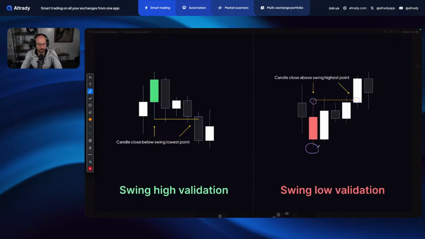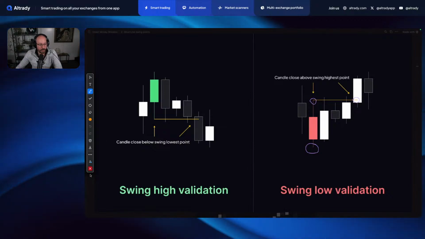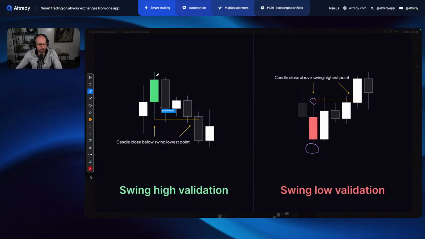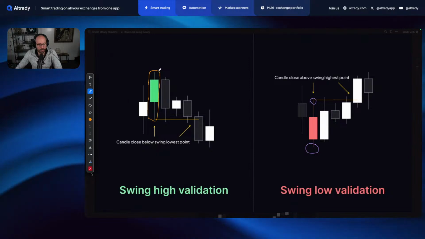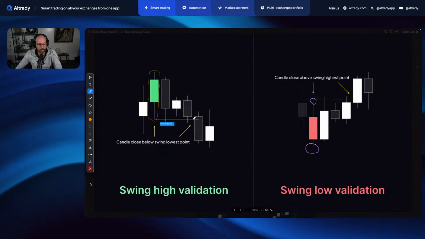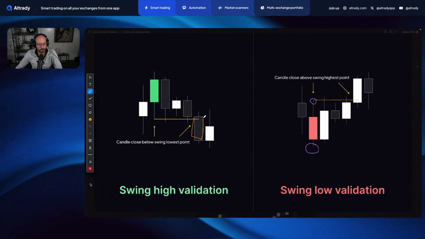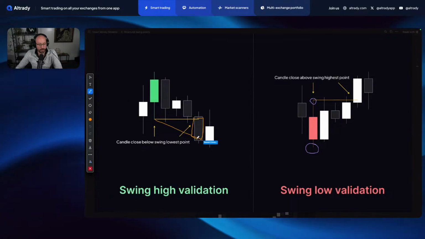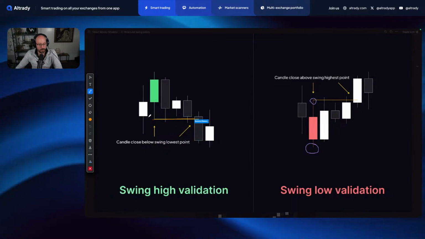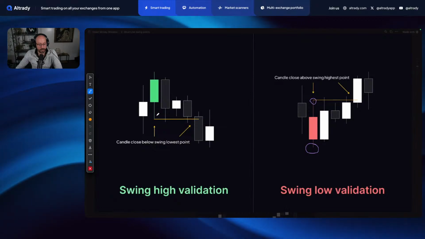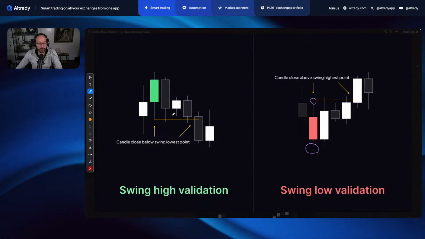Right. So again, the swing high validation happens when the middle candle of the swing high is followed by a close below that level. Right. So here it closes below this level. Yeah. And that's when it validates as a swing high, because that eliminates a lot of them, right?